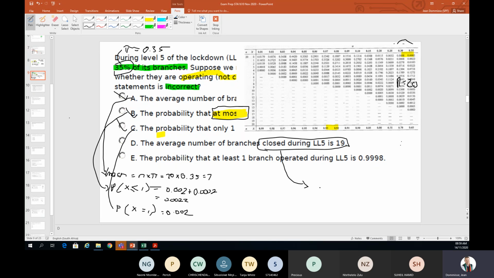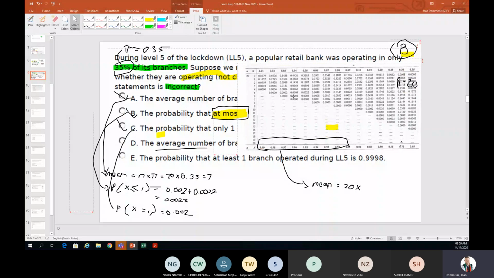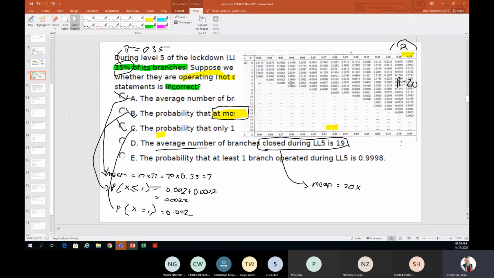We're looking at the average, so the mean. So it's still looking at 20, but what will the number be for closed, so for not operating?